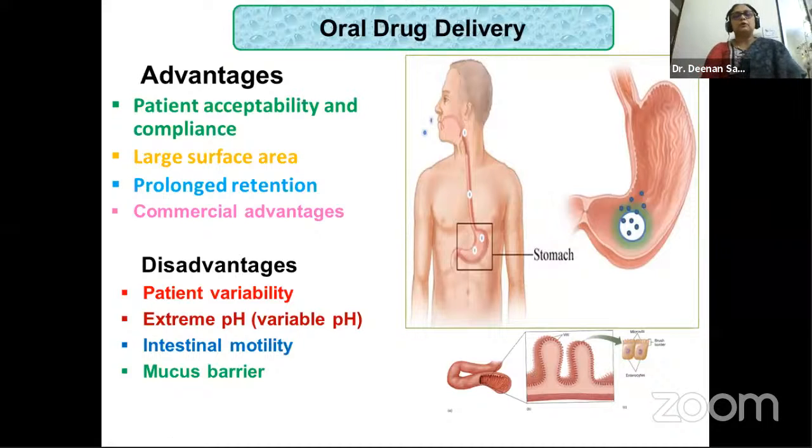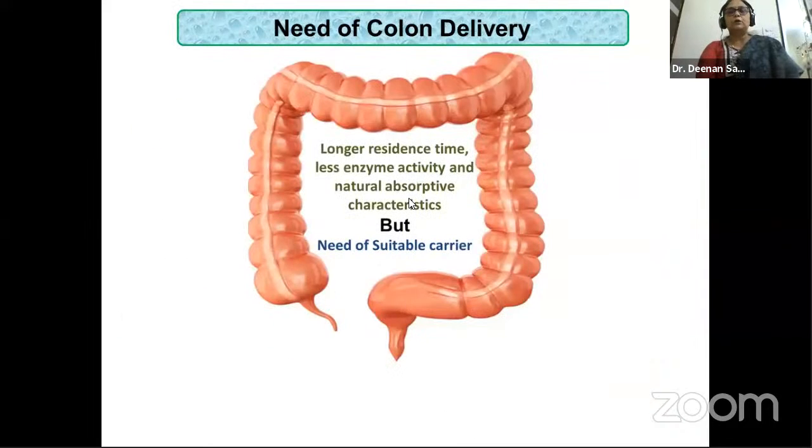Again, through the oral route, the drug has to reach the target area, the colon. Why have I chosen the colon as a target? It has a longer residence time, less enzyme activity, and natural absorptive characteristics, but it needs a suitable carrier.